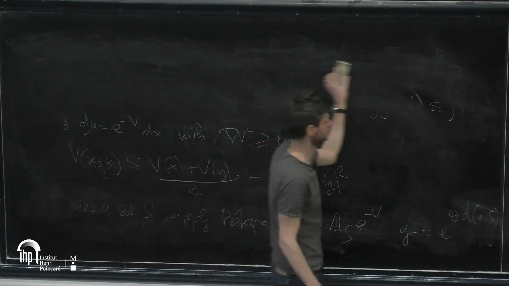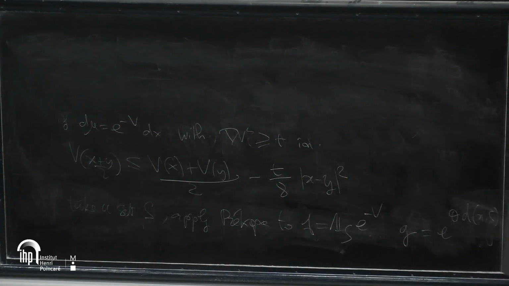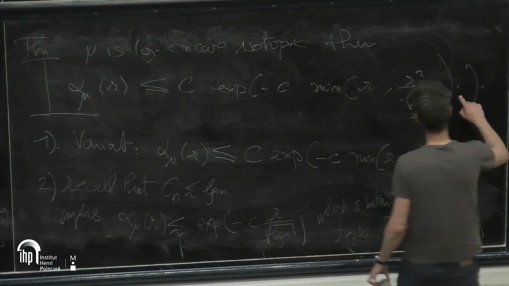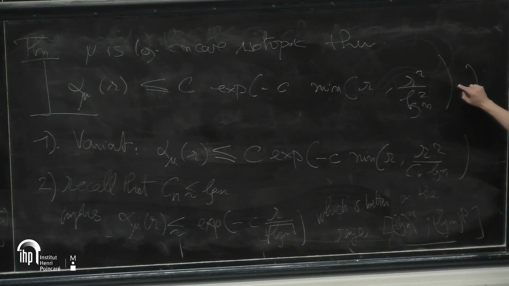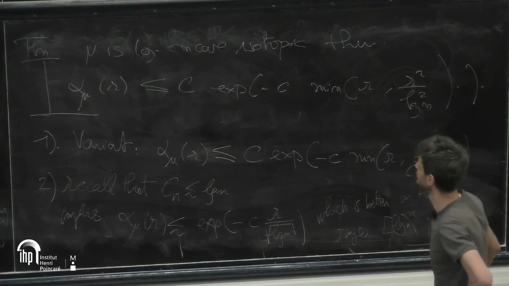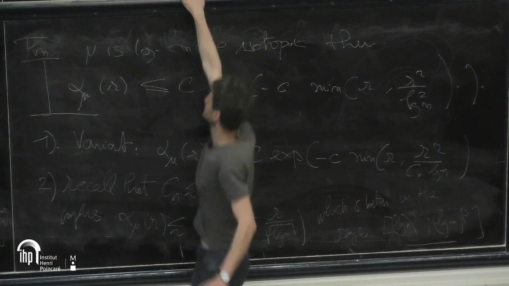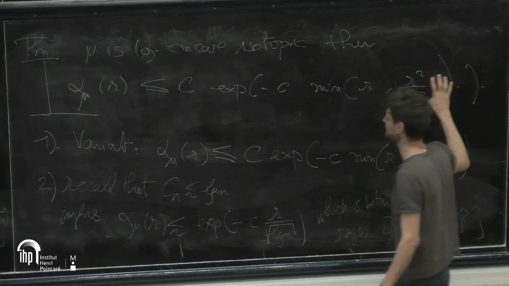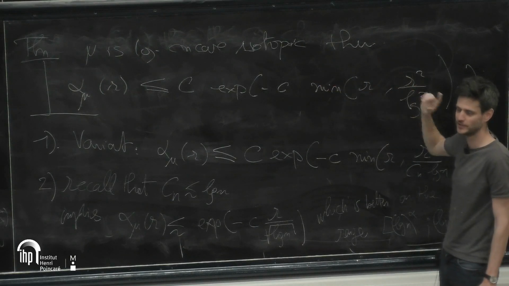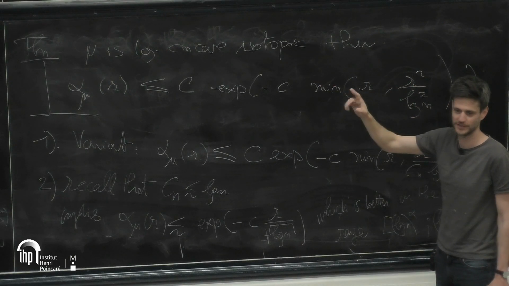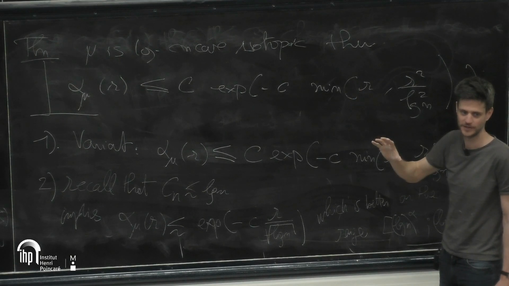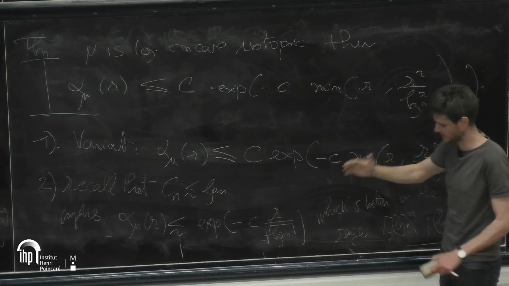In particular, and this is probably why Boaz was not happy, if you apply this thing here with this function, you will only get a log n squared bound for KLS rather than log n. But it's not like it's my fault.